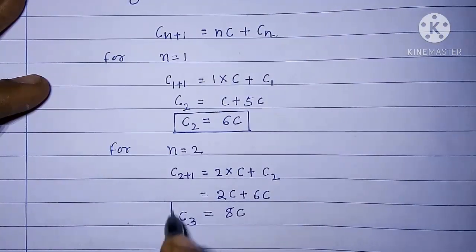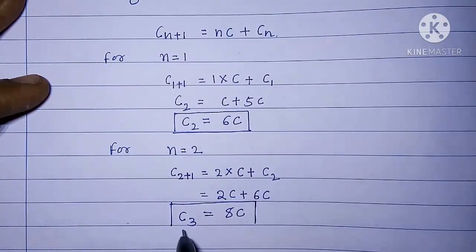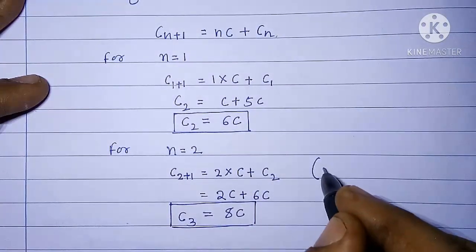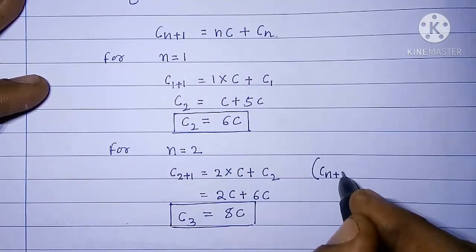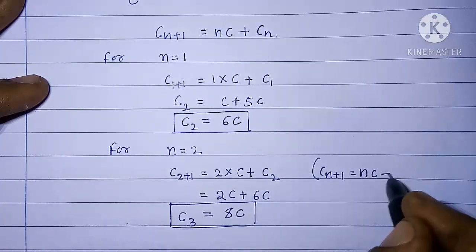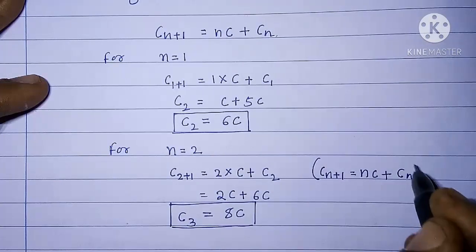That means C3 is equal to 8C. For this what we are using? We are using formula Cn plus 1 equal to n into C plus Cn.